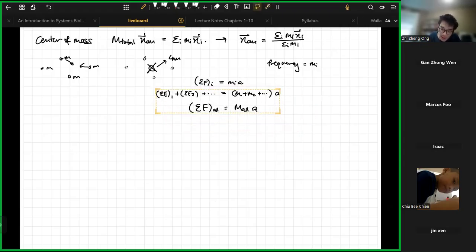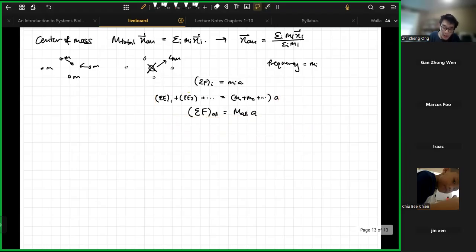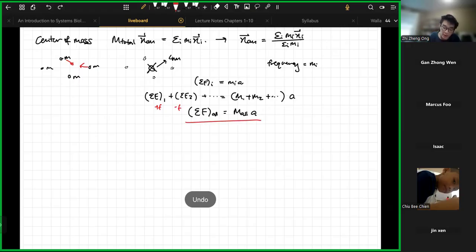When we're doing this suspicious sum, some terms cancel out. Specifically, these two forces are equal and opposite. So in the sum, there will be a plus F, and on the other side a minus F. If you take all four particles as a system, they cancel out, and this still holds. That's Newton's third law for you.